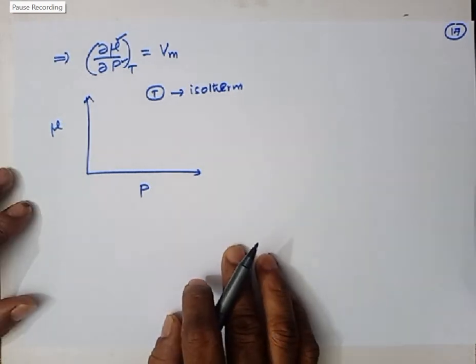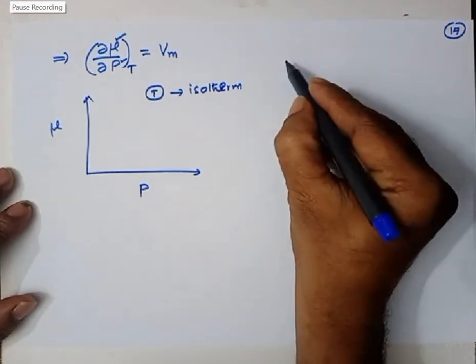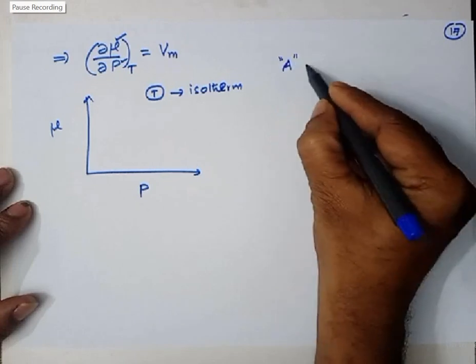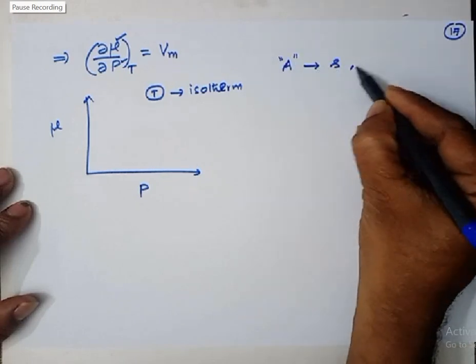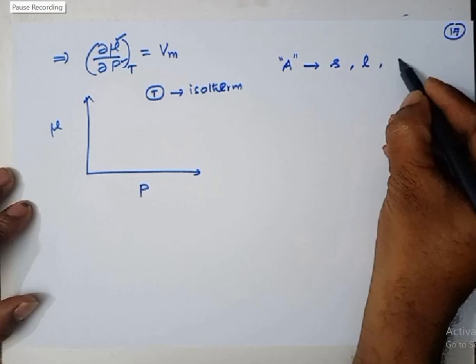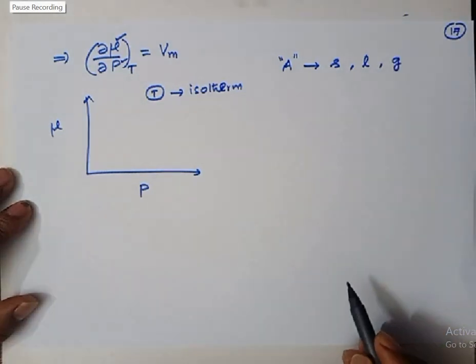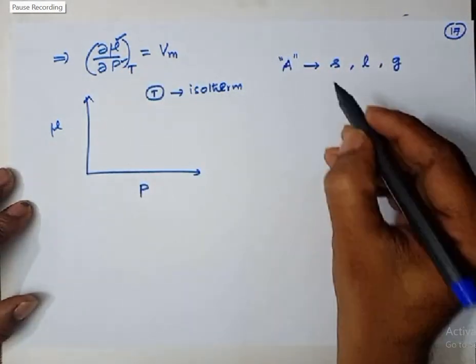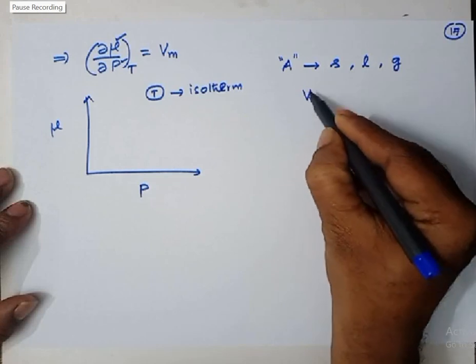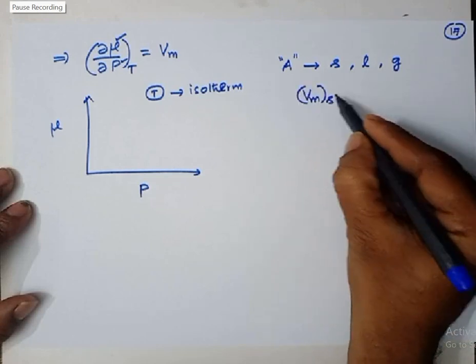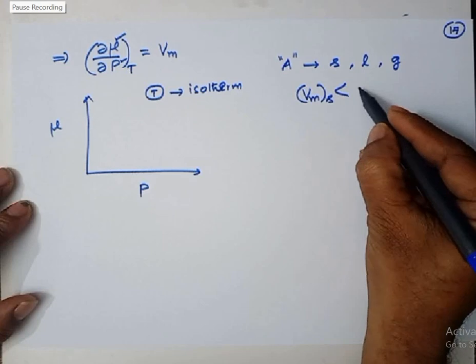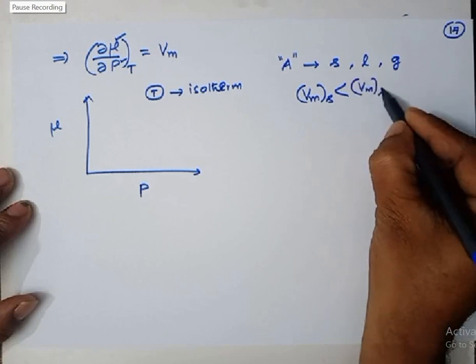Now, suppose I take some substance A, and assume that it exists in solid form, liquid form, as well as gaseous form. If you compare molar volume, the molar volume of solid is very low compared to that of liquid.